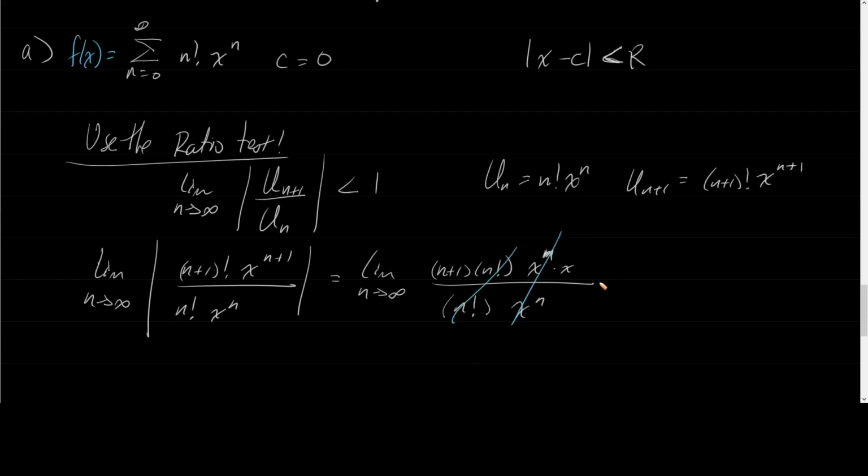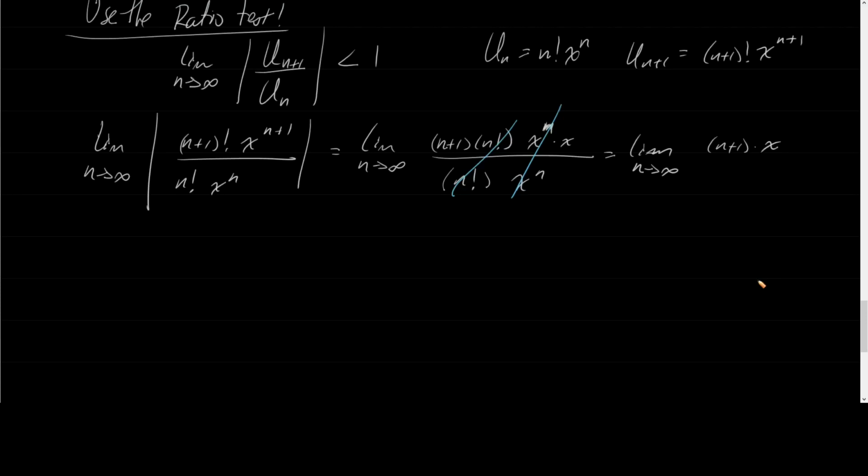So now we get the limit as n goes to infinity of n plus 1 times x. I'm going to put the x on the outside because it's not being affected by the limit.